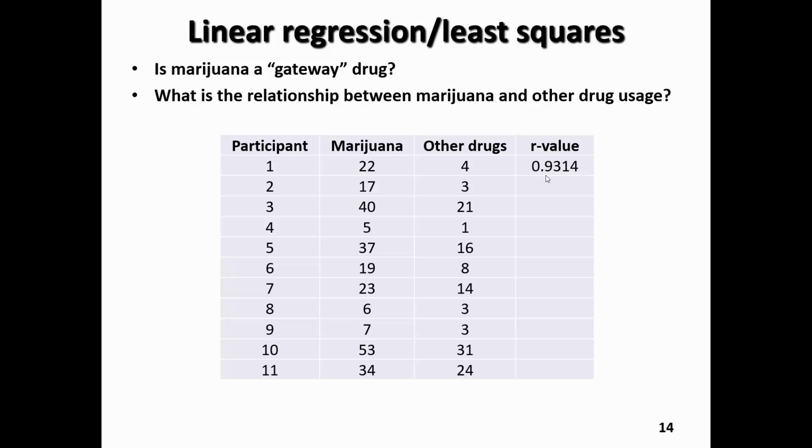Now, how do we interpret this? We first look for positive or negative. This is obviously a positive value, indicating a direct relationship, so those users that report greater occurrences of marijuana usage over the course of the month simultaneously report greater usage of other drugs.